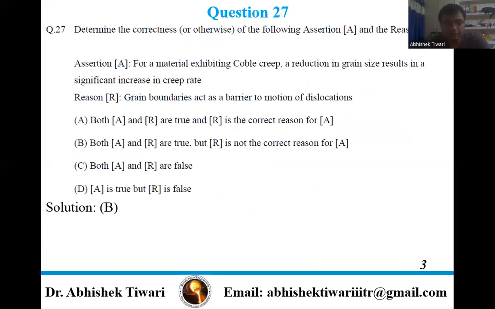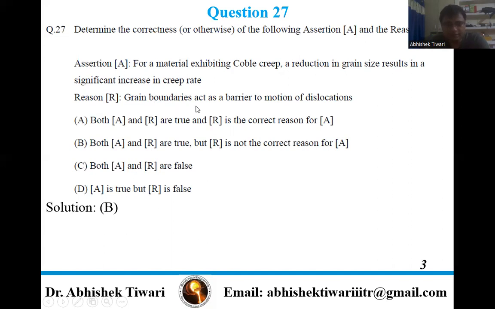Now question number 27. Determine the correctness or otherwise of the following assertion A and the reason R. Assertion A says for a material exhibiting creep, a reduction in grain size results in a significant increase in creep rate.